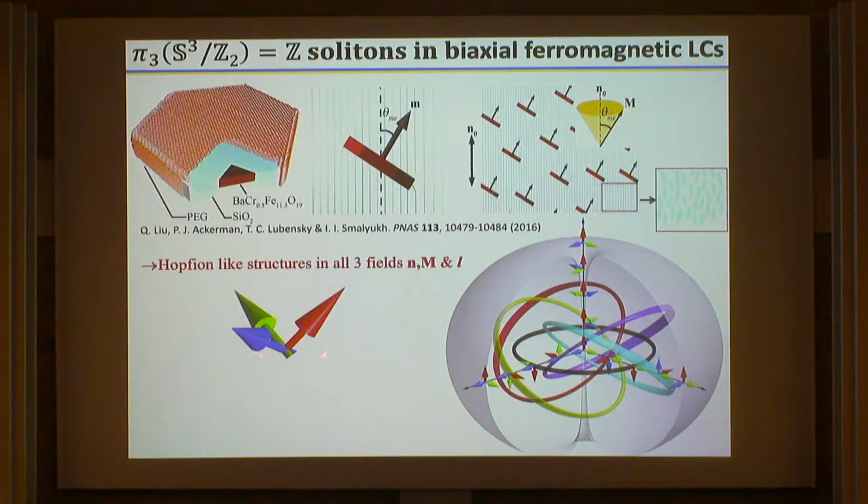So in all three vector fields, you have smooth configuration being also considered. So pi3(S3/Z2), in particular by Shankar. So they are sometimes also called Shankar skyrmions or Shankar solitons.